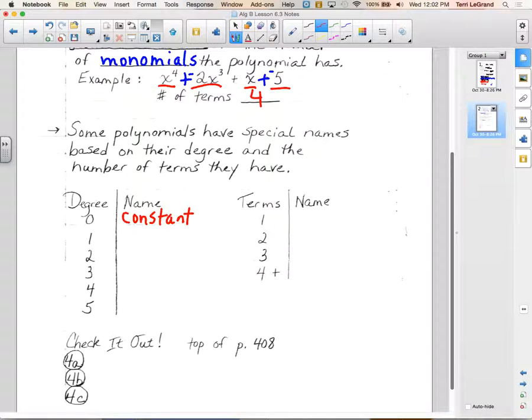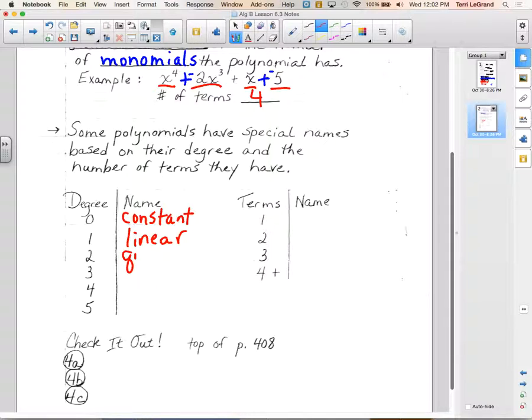Degree 1. If the degree of the polynomial is to the first degree, then we say it is linear. And we are familiar with linear. We've already studied linear, mx plus b. x is to the first power. Degree 2, that's going to be coming up for us to study.